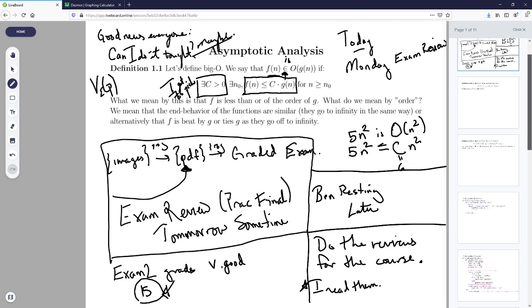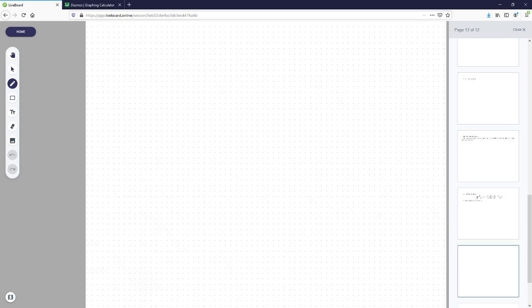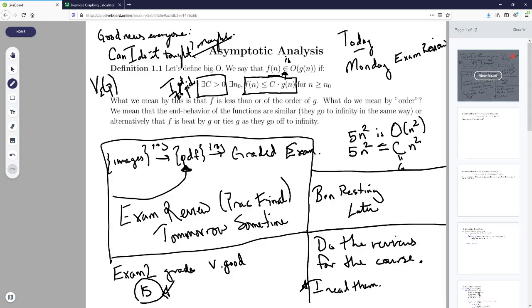So let's do some other examples of things that are big O of other things. For instance, if I say n is big O of n squared here, is this true? Well, let's think about it. Is n less than or equal to a constant times n squared? And remember that if we look at the definition, there's something I haven't talked about yet.